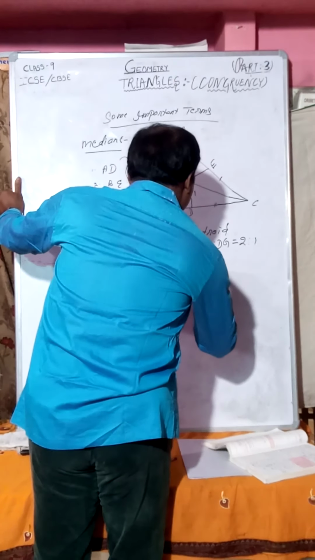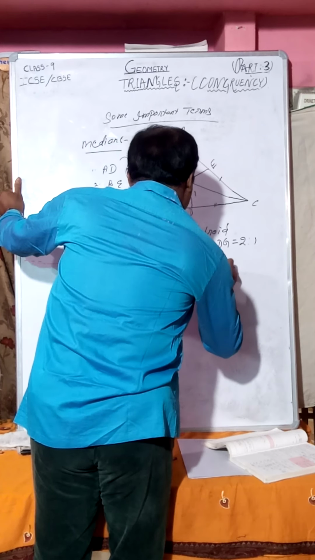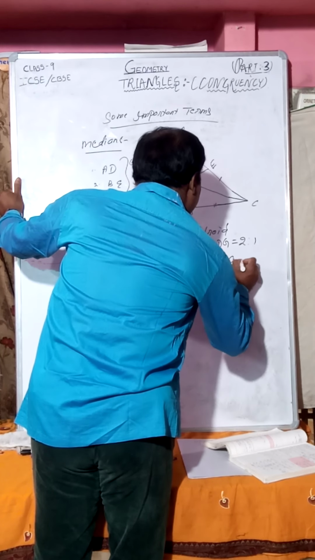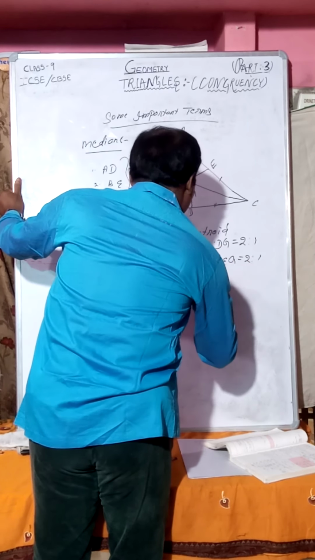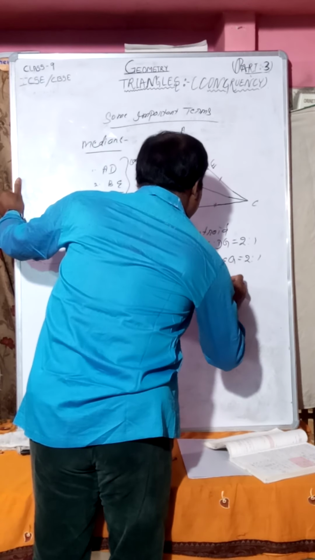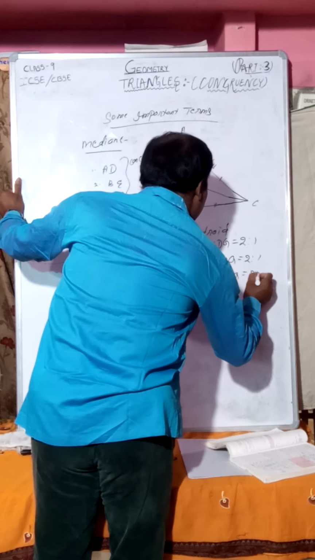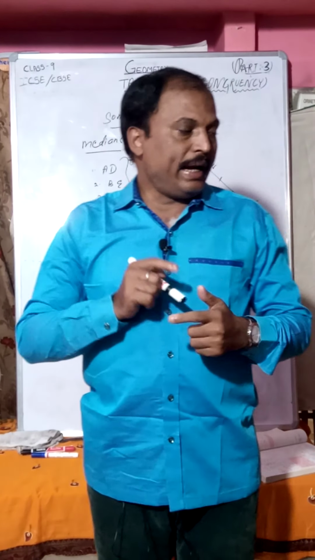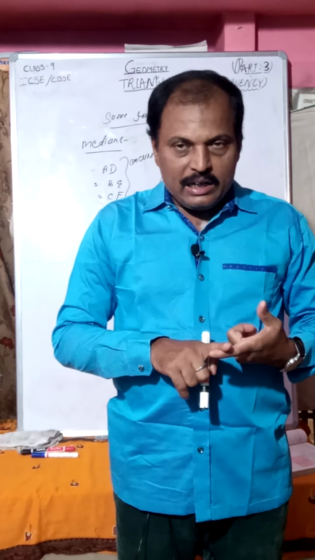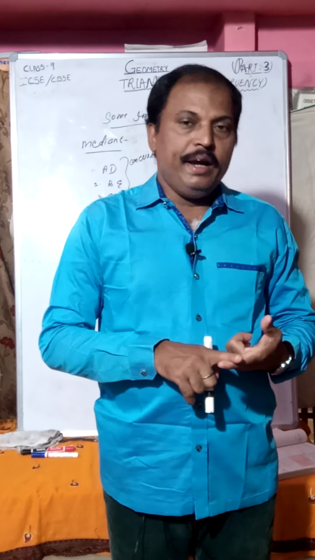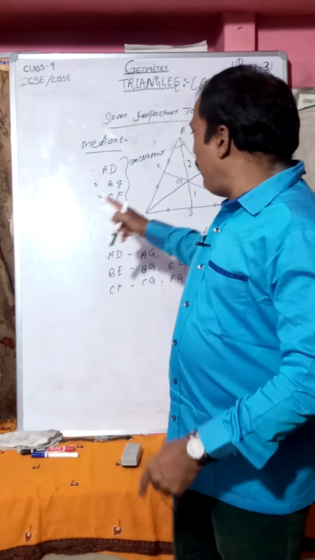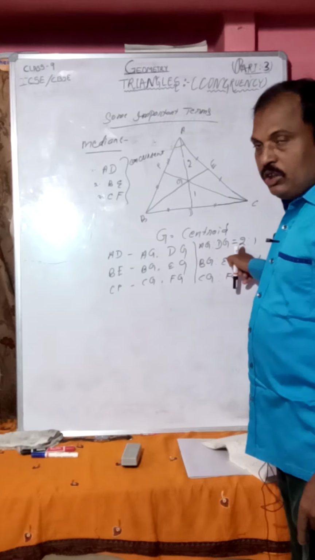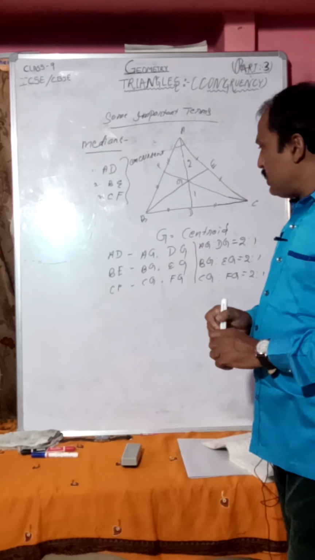Likewise, BG to EG is equal to 2:1, and CG to FG is equal to 2:1. So every median of a triangle divides at the centroid into 2 parts. The bigger part is the 2 ratio and the smaller part is the 1 ratio.